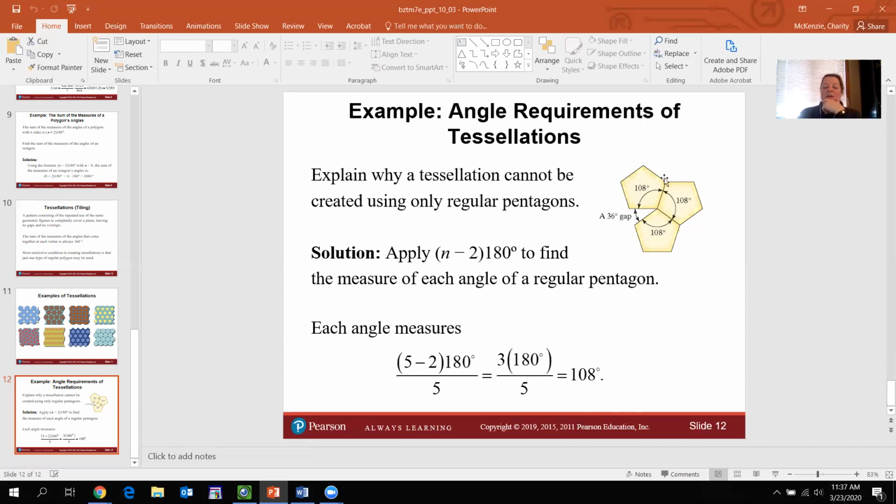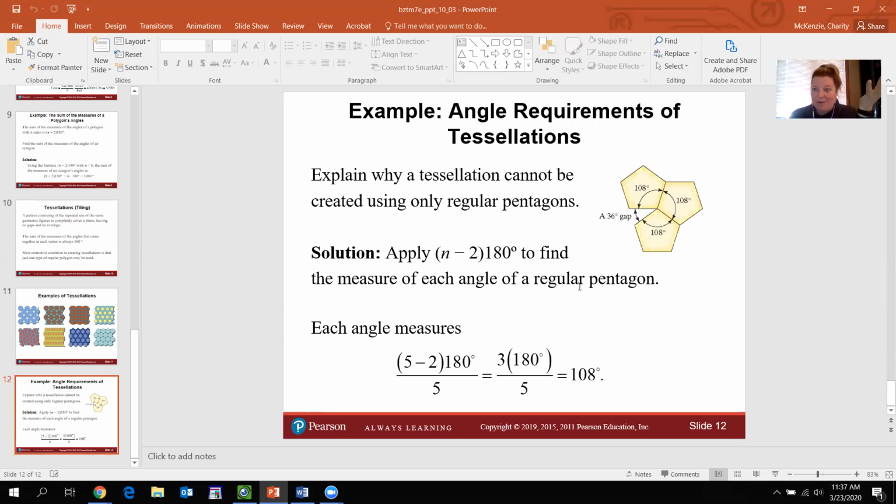So each angle in this is going to be 108 degrees. If I try to put 108 degrees together, it doesn't work because it doesn't add in any way to 360. So alone, a regular pentagon cannot tessellate.